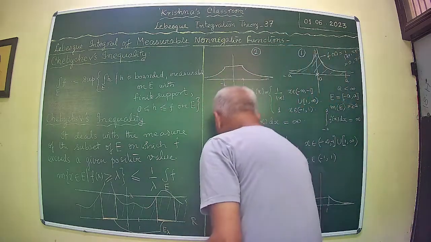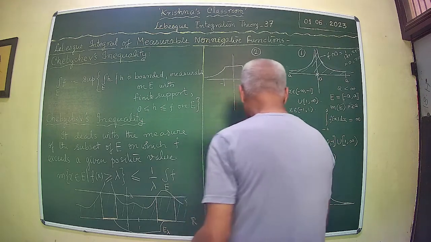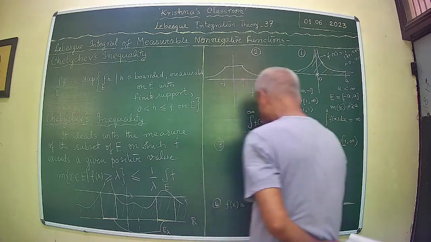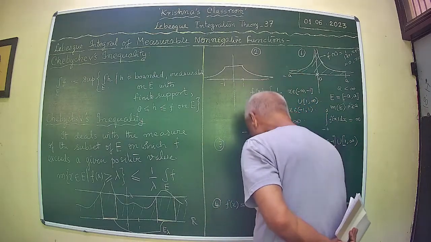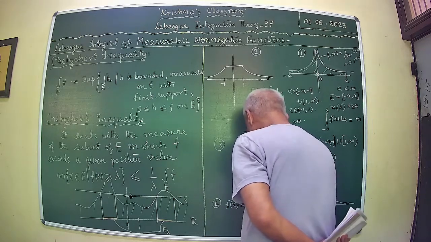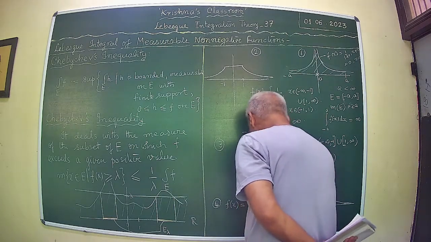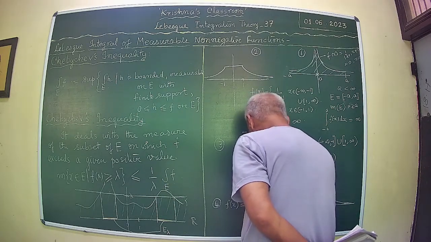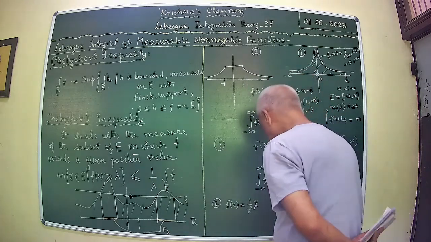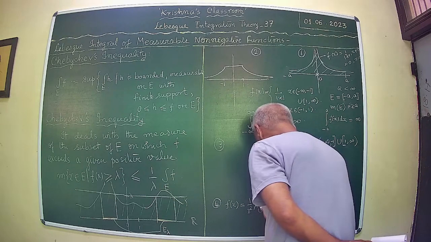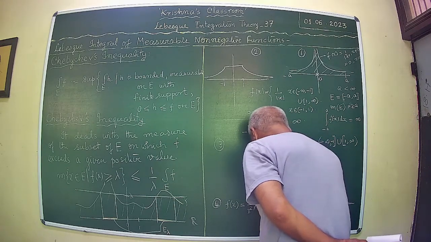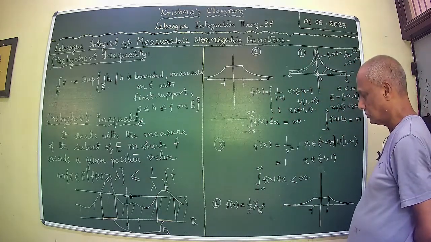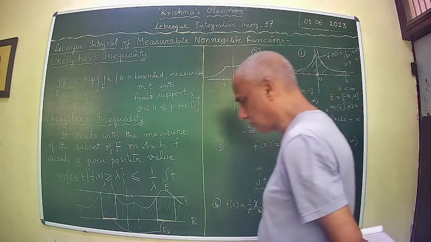So you can take the fourth example as chi of 2 complements. Okay. So 1 by x square into chi of 2 complements.